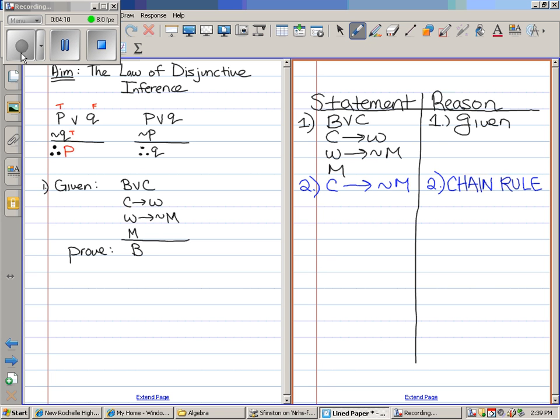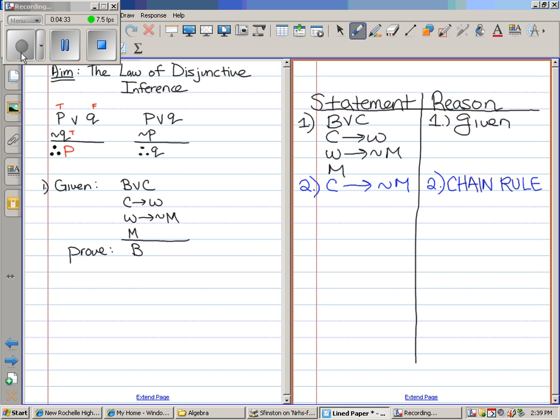I don't know if you could just write modus tollens for the entire reason category. In some instances, it does work, right? That could be the case. But here, first you need to, with absolute certainty, condense this down, right? You can't say, oh, it's implied, I did it in my head. You have to include all steps.